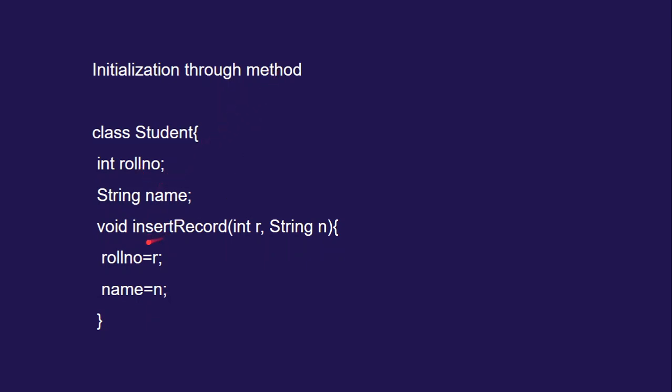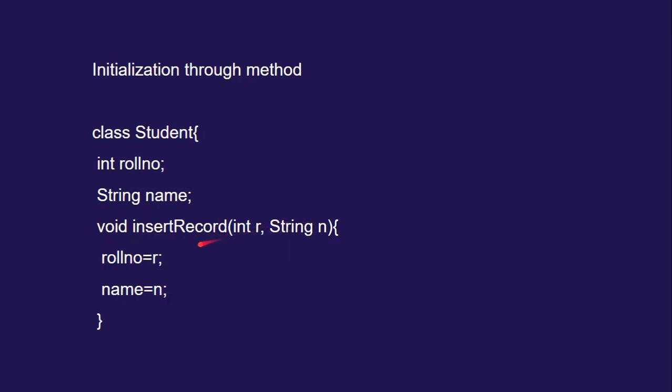What is the method here? insertRecord is the method. insertRecord is a function or method which carries the values for the data to be initialized for the object. So int r and String n come from some other place through the parameters of this insertRecord function.